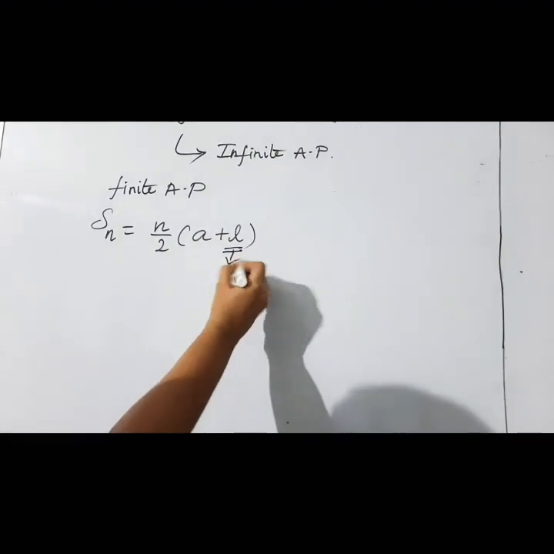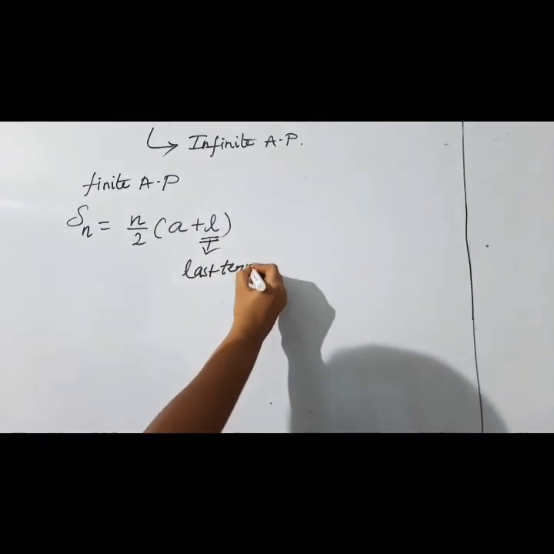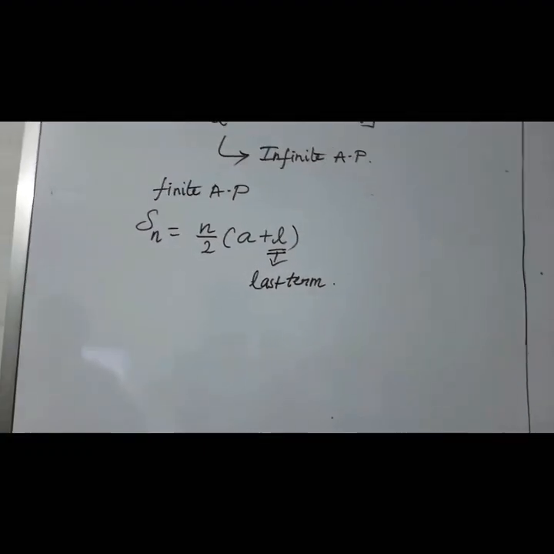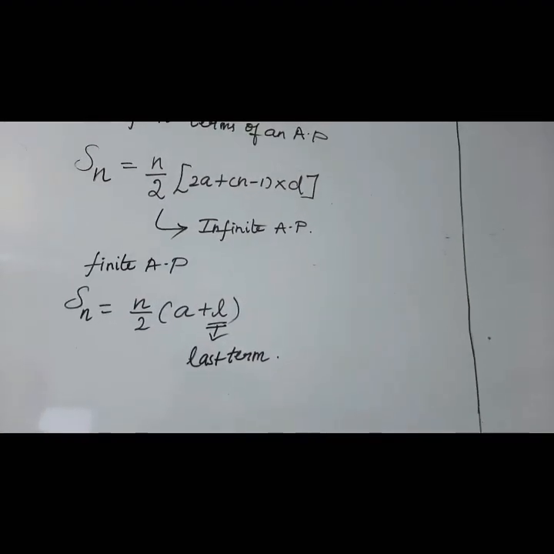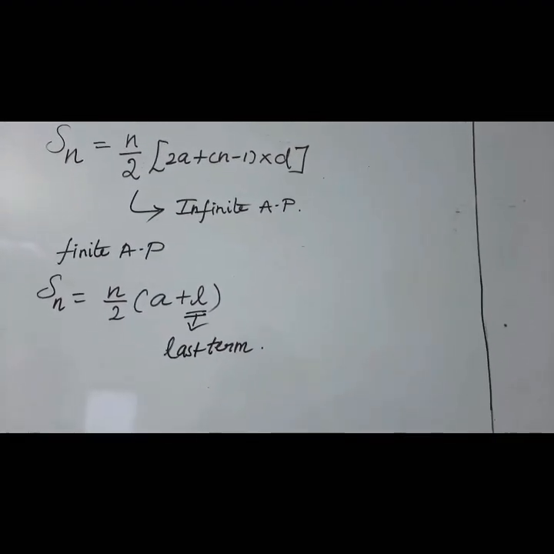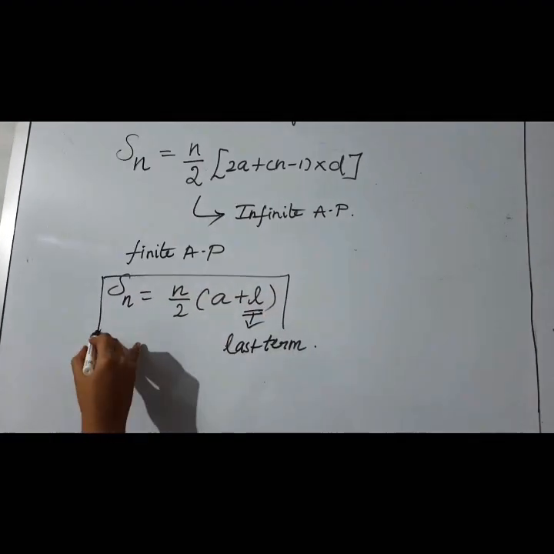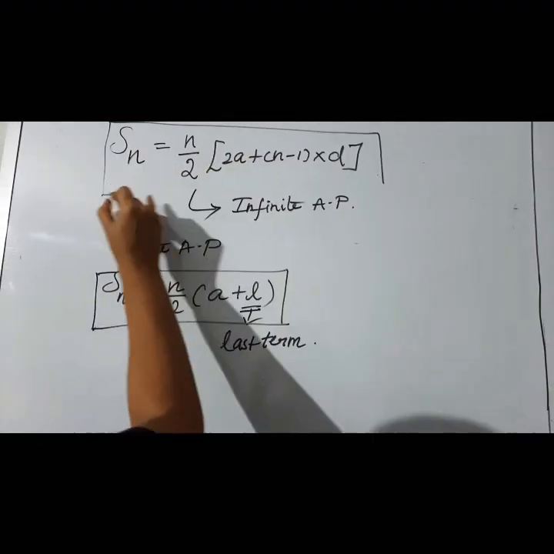In the second exercise, I told you l is nothing other than the last term of an AP. If an AP is finite, we will know the total number of terms in that AP, as well as the last term of the AP. Using the two sum of an AP formulas, we are going to solve all the sums in exercise 5.3.